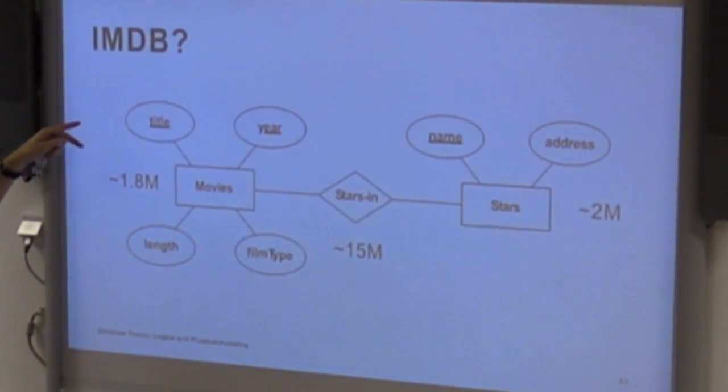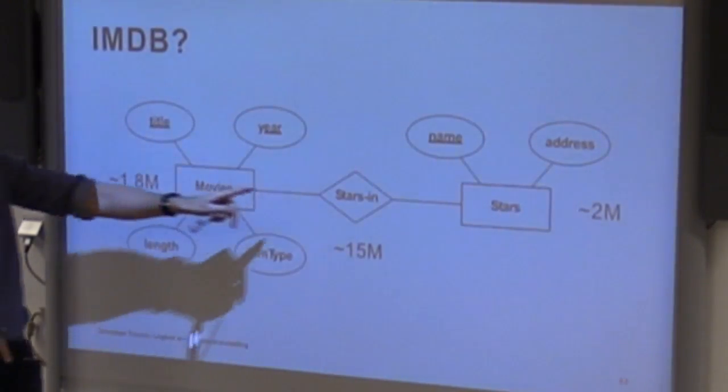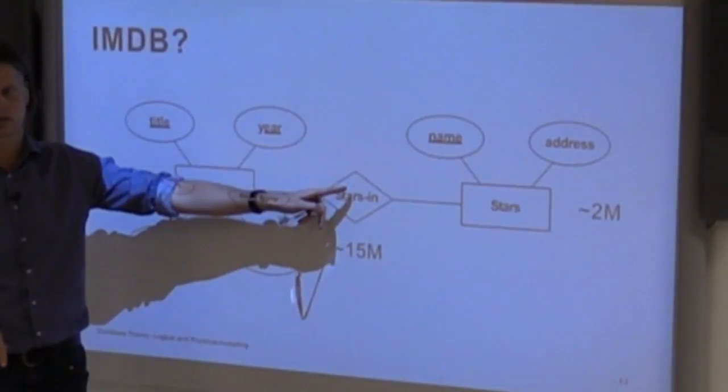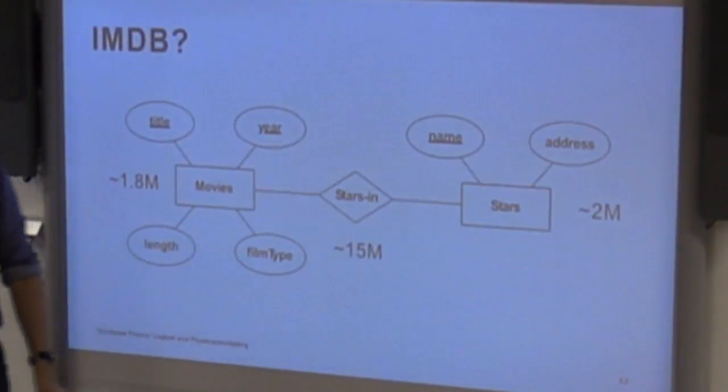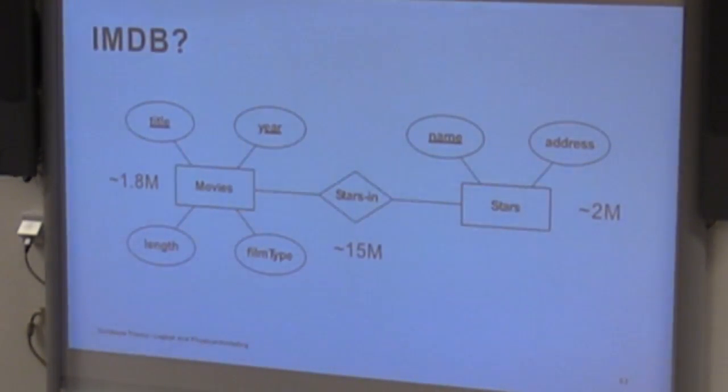Well, you pull the primary keys from the other 2 entities. So the primary key here is title, year, and name. So you need to combine these 2 and come up with the calculation that around 15 million entries are found in that stars in table.